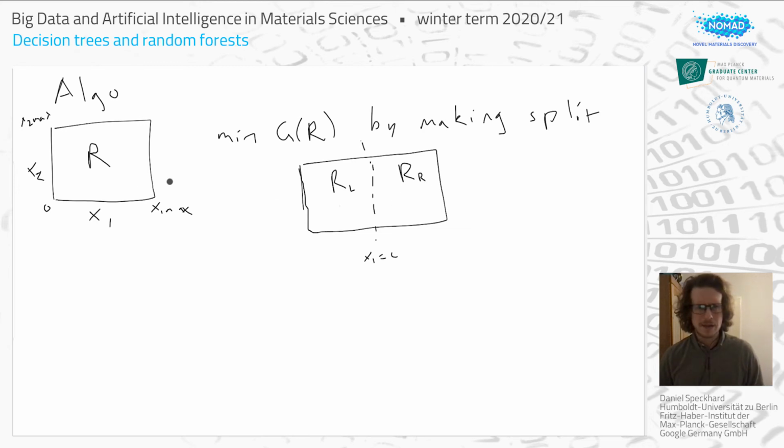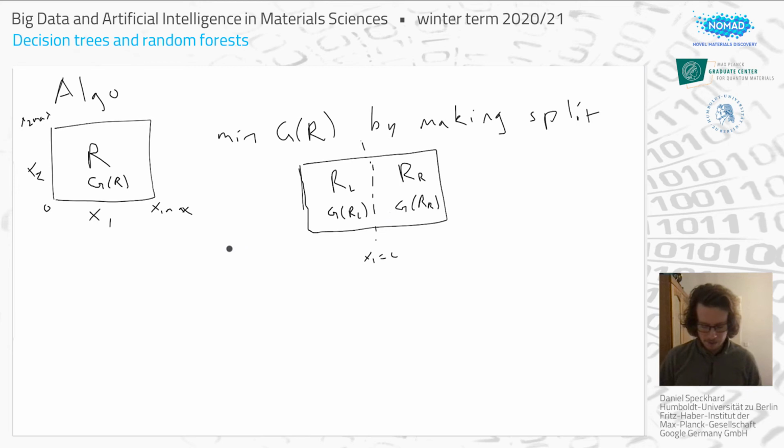We had some initial Gini of this region R, which is probably going to be very impure, and we're trying to make it more pure, so minimize the Gini by making the split. So we can calculate now the Gini of the region to the left and the Gini of the region to the right.